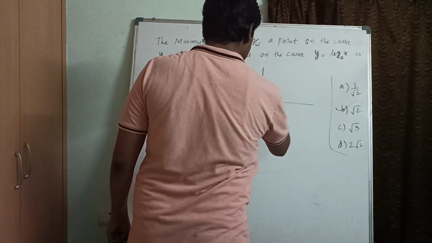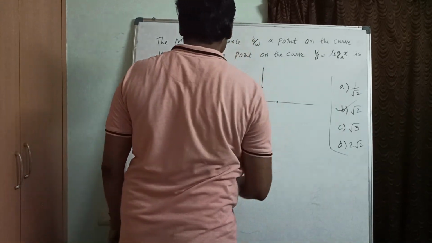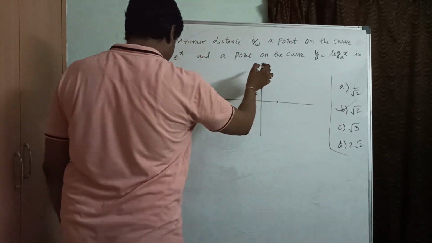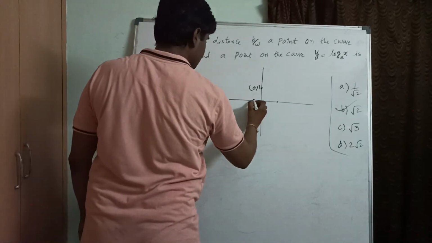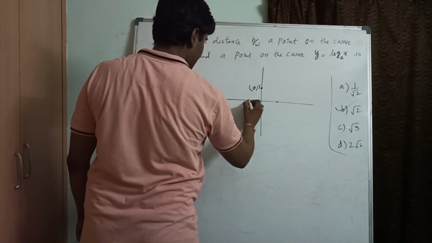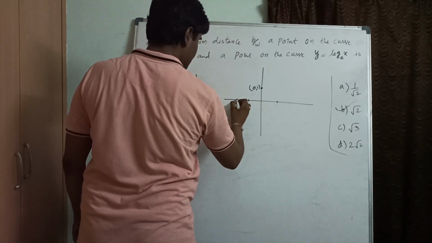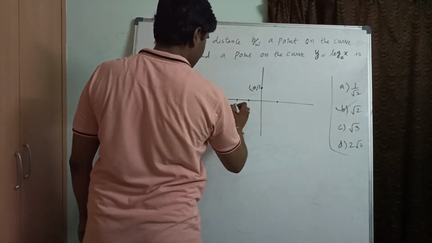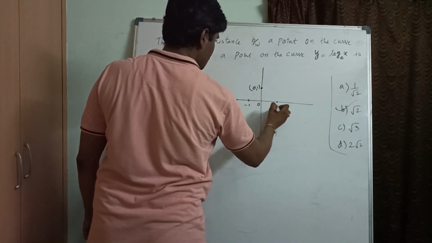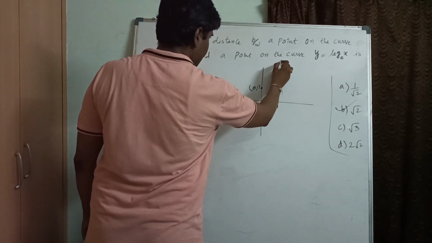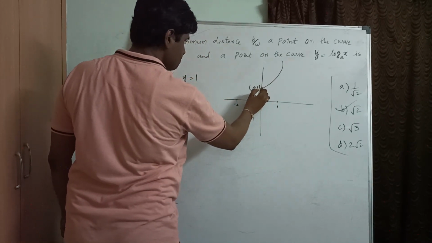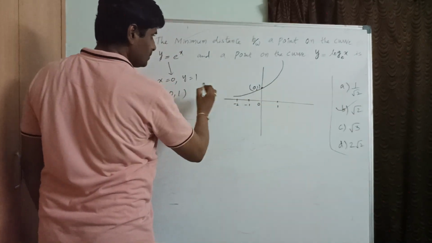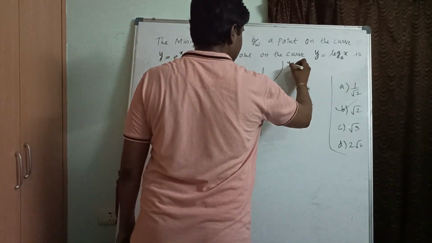So y equal to e power x curve will be like this. Anyway, minus 1, minus 2. 0, 1. So the curve will be like this. So this is y equal to e power x.